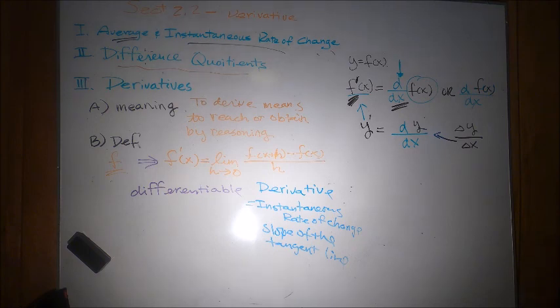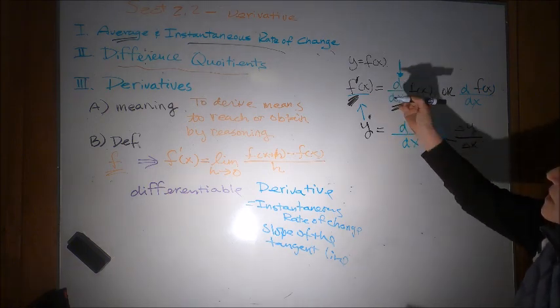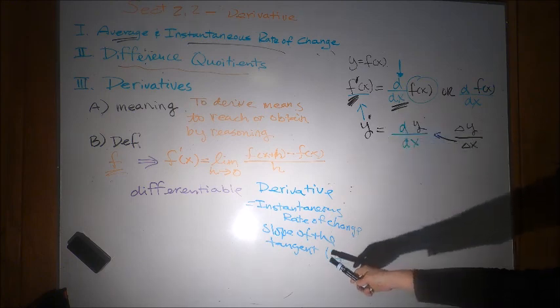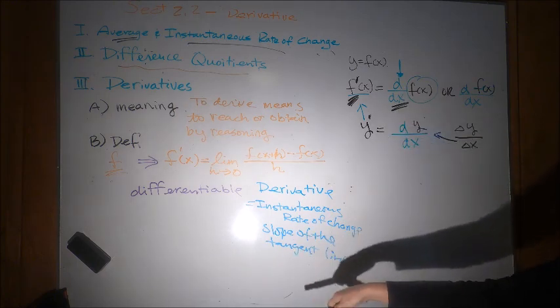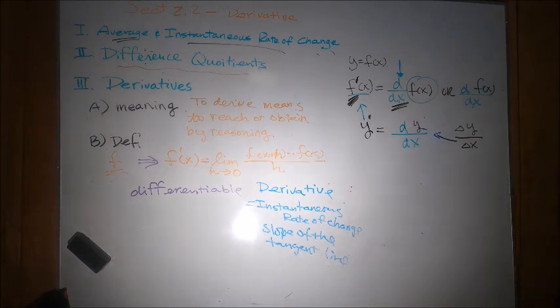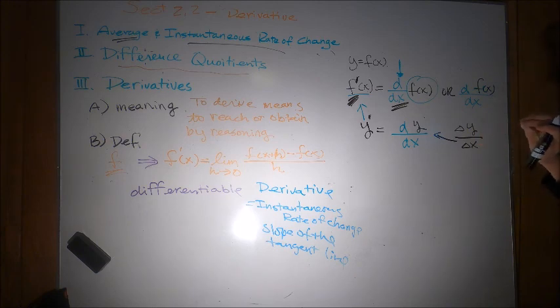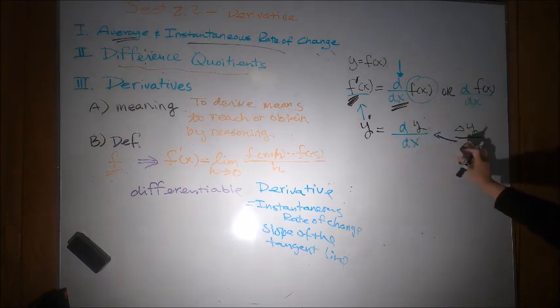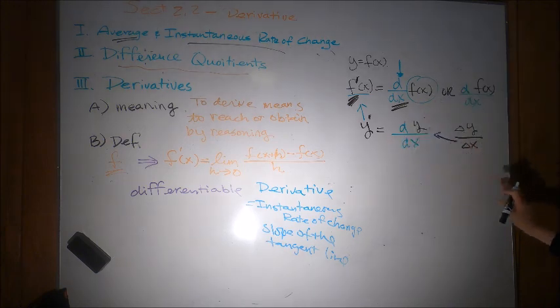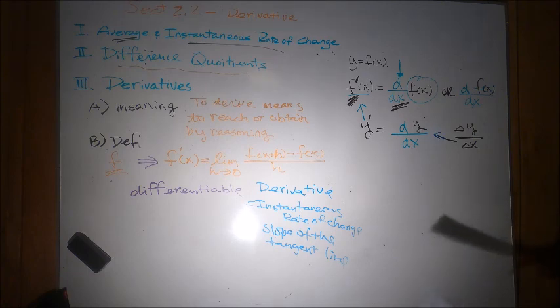That's your slope. So the derivative is the same concept as what? The slope of the tangent line. So all the symbols map to their original concept.